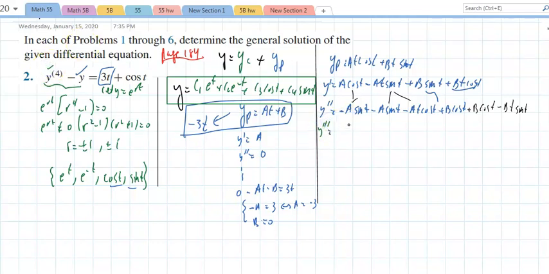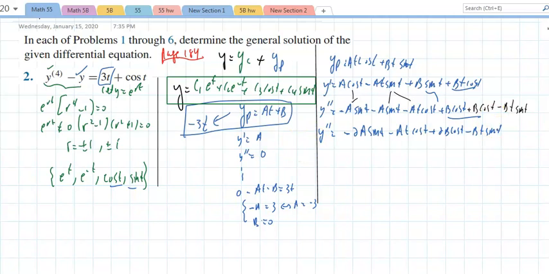Let me clean that up just a bit. So y double prime is actually negative 2A sine of t minus at cosine of t plus 2B cosine of t minus bt sine of t.